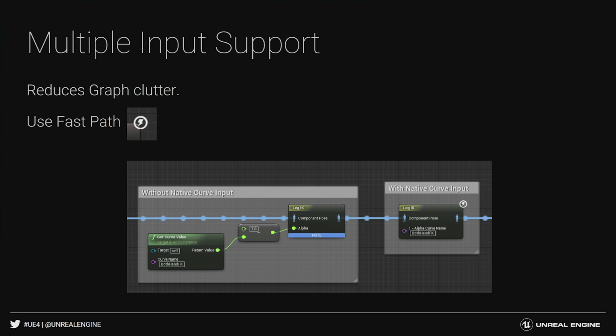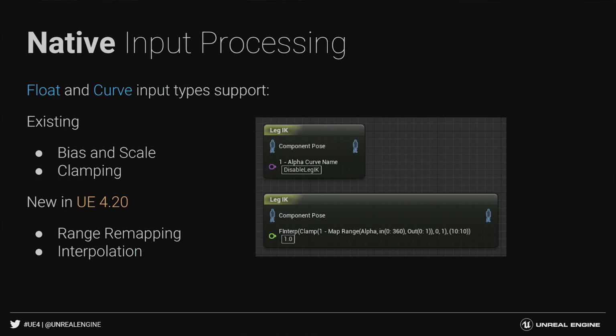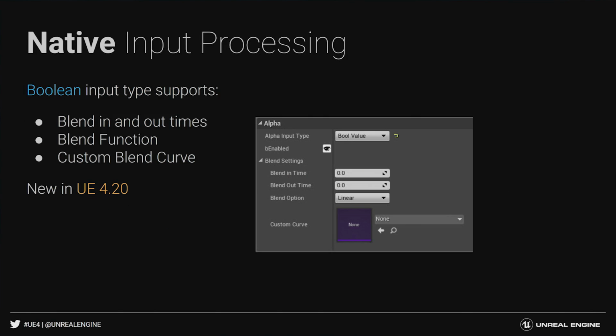So we're trying to push that more and more and still give the power back to the creators. So we're doing more input processing into these nodes. We used to do bias, scale, and clamping, and now we've added range mapping and interpolation. For the Boolean input type, we've added blend in and out times, blend function, and a custom blend curve.